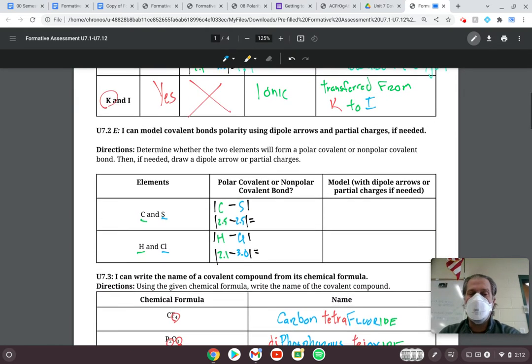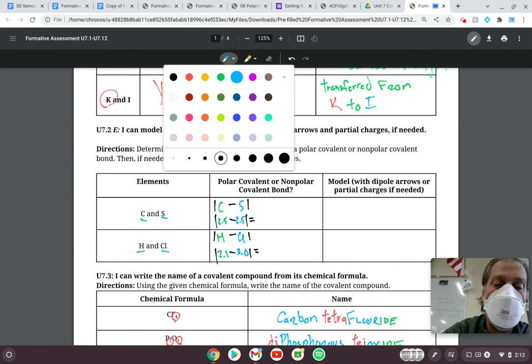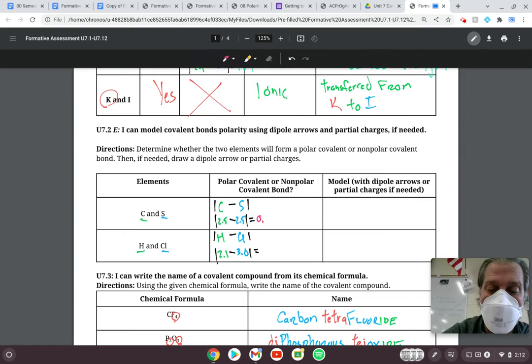The next question was asking you to determine what type of covalent bond is present. So in this instance, we have carbon and sulfur versus hydrogen and chlorine. In the carbon and sulfur bond, the electronegativity difference is 0.0. So that tells me this is going to be a non-polar covalent bond.